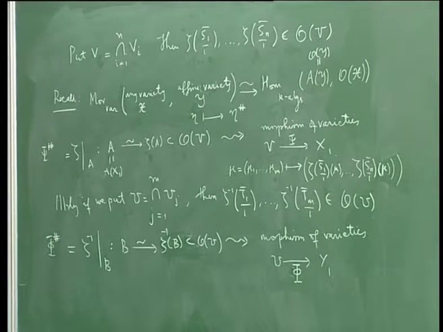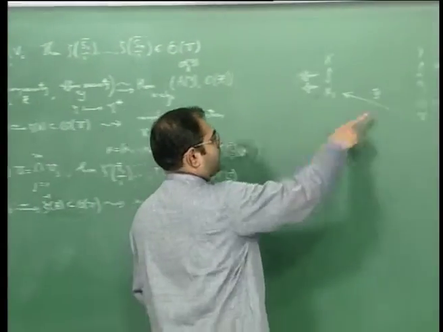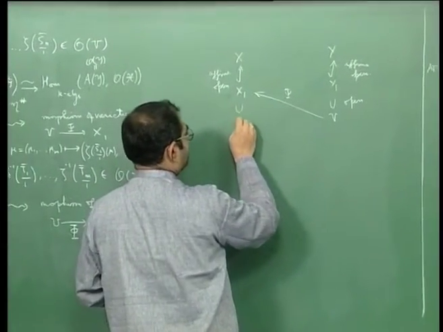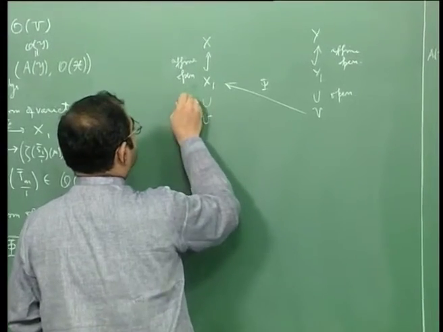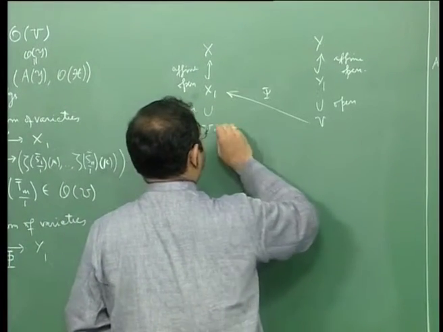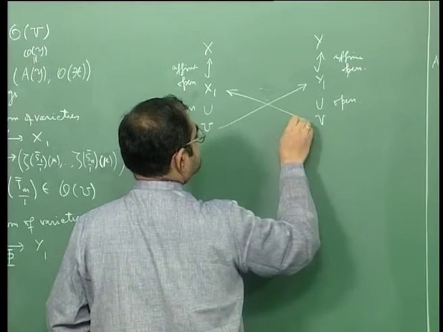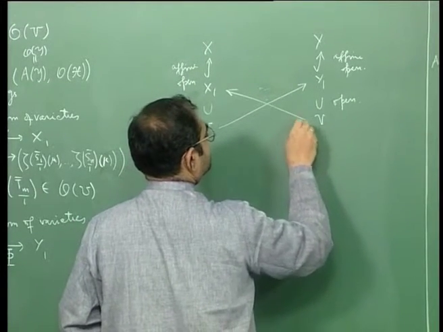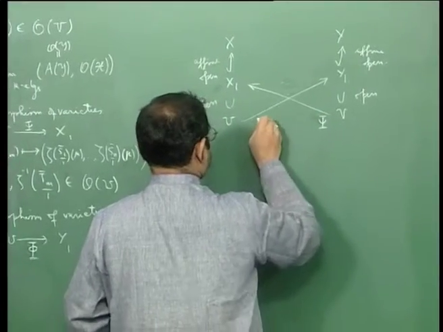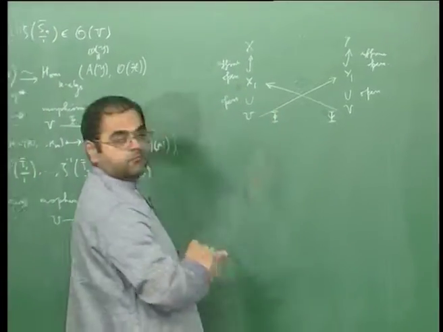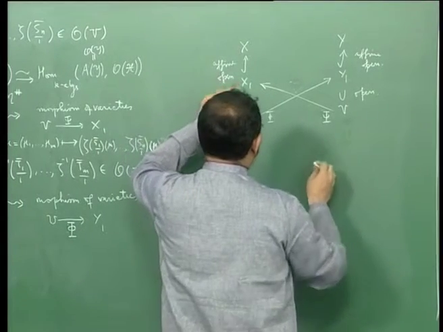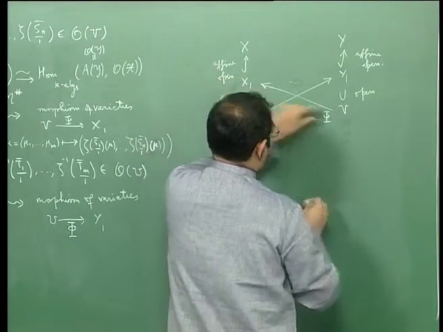So this means that we have got one like this. You have U open inside X1, and if this is psi, then this is phi. So U is here, and I have psi inverse of U.